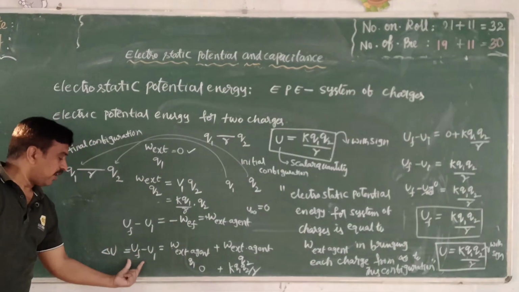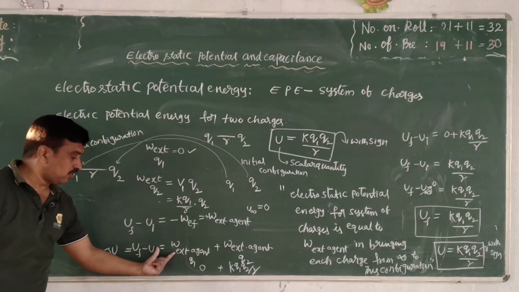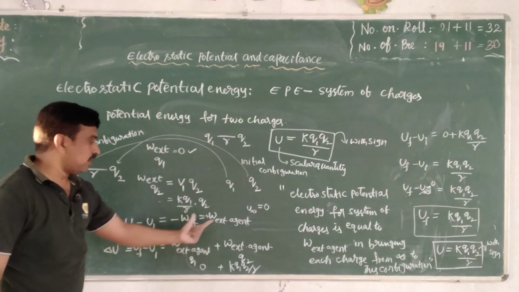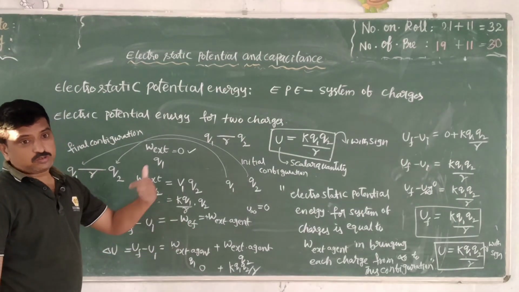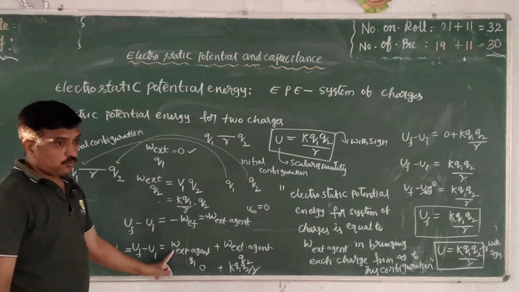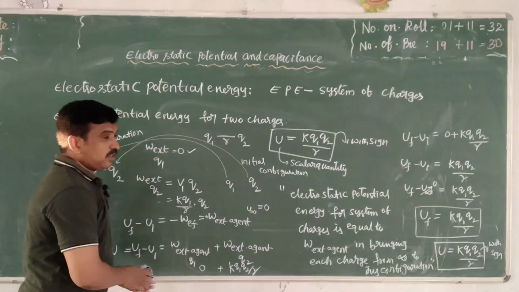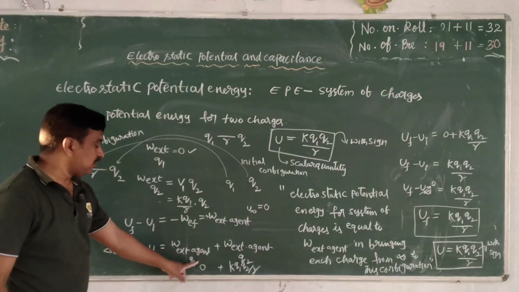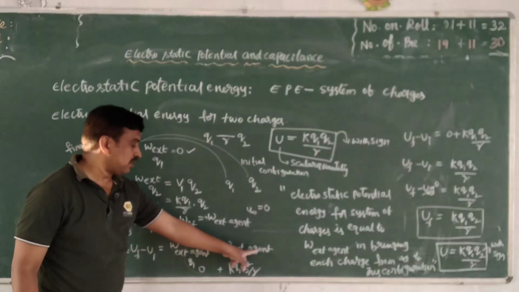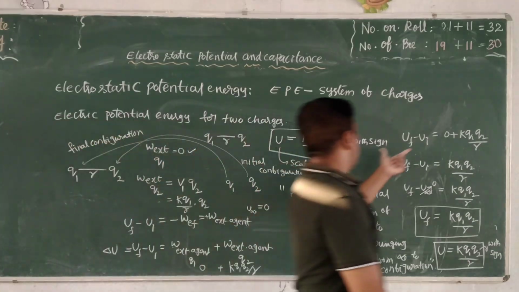So final potential energy minus initial potential energy equals the positive of work done by the external agent, or we can write the negative of work done by the electrostatic force. We take the positive of work done by the external agent, because the change in kinetic energy is 0. So work done by the external agent in bringing q1 plus work done by the external agent in bringing q2, that total we call the change in potential.